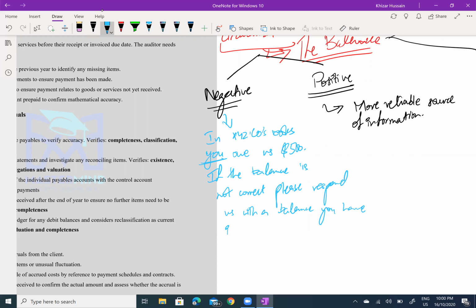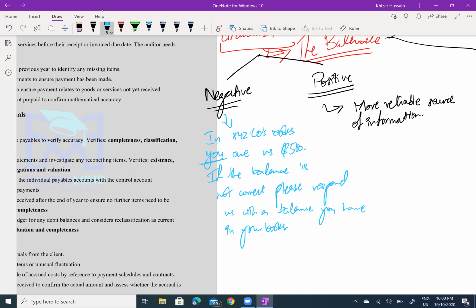This is a summary of what we write. In a positive confirmation we don't write our balance. We just ask them for their balance and the differences are investigated.